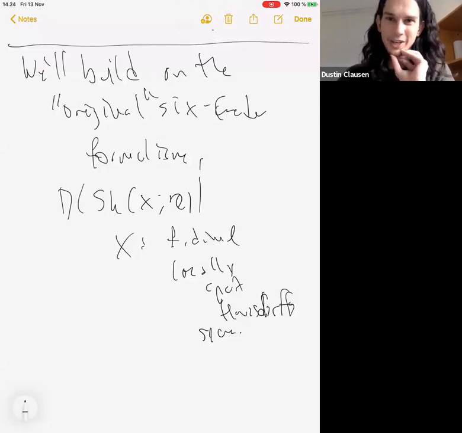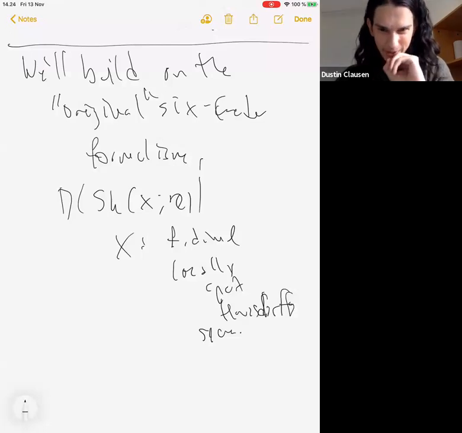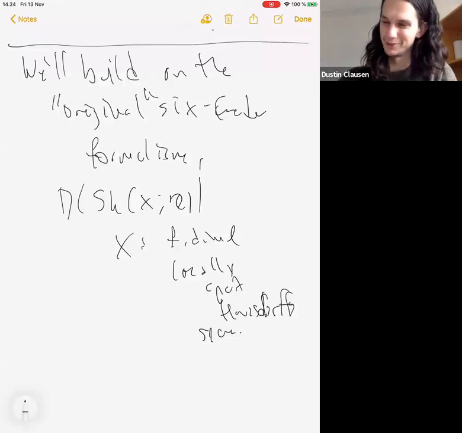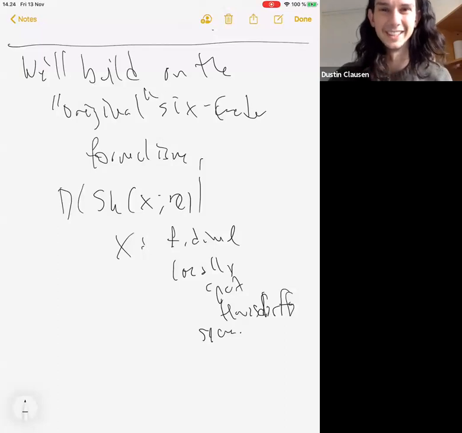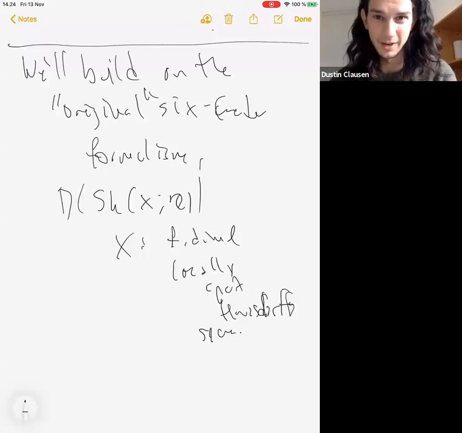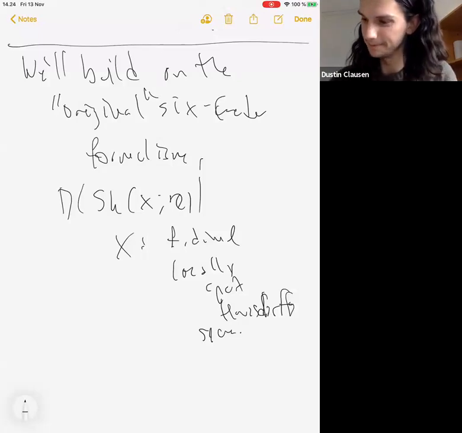I put original in quotation marks because actually the original setting was étale sheaves in algebraic geometry, but that's a historical accident, because that's what Grothendieck was thinking about when he invented the concept of 6-functor formalism. In retrospect, the first one should have been the much simpler one of usual topological spaces, but Grothendieck happened to think about the other thing, so that's where it got done first. And he asked his student Verdier to develop what I'm going to describe here, I believe, is how it went.